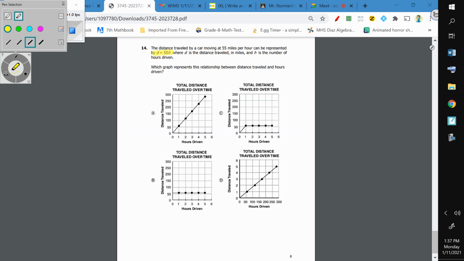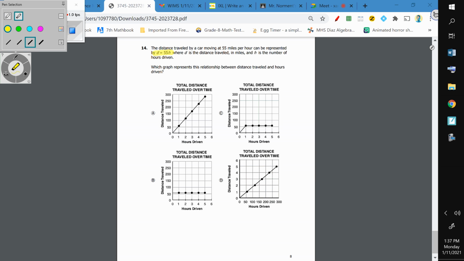So basically, every hour that you drive your distance increases by 55 miles. So if you look at this and you're careful with it, only one graph makes sense. For every 1 hour you increase, you're increasing by 55 miles in terms of the distance traveled.